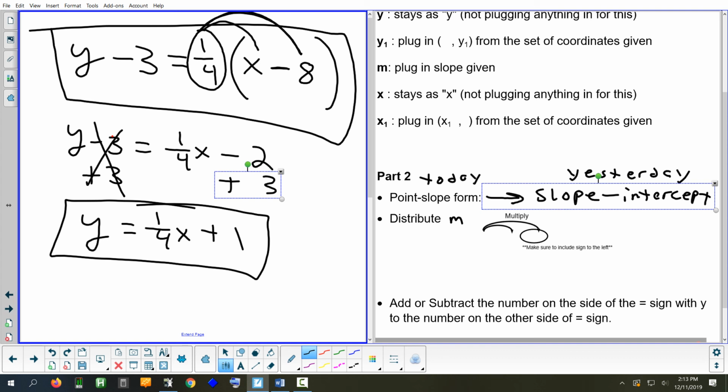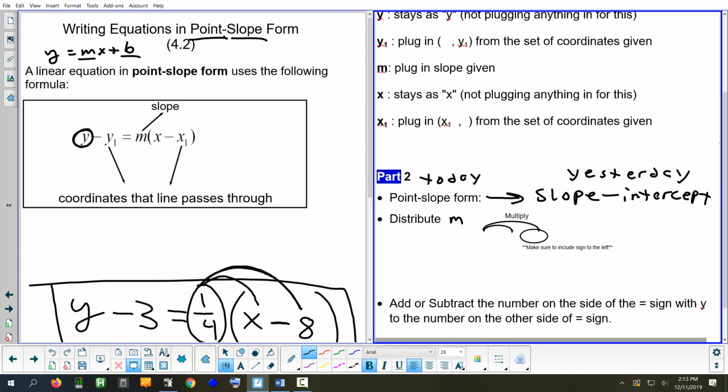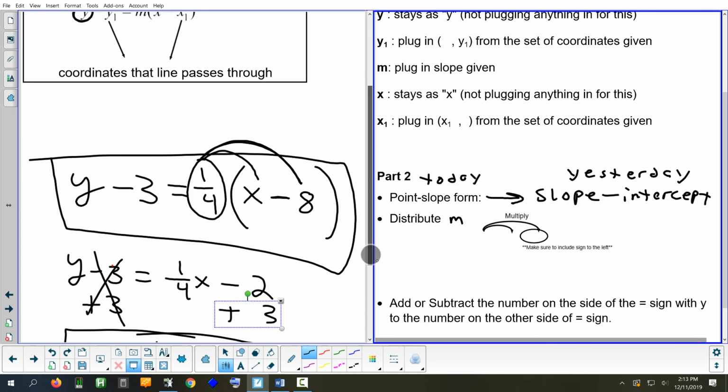The top one is called point slope. The bottom one is called slope intercept. You're not always going to have to do part 2. Sometimes we're going to be able to stop at part 1 and just leave our answer just like that. Question?